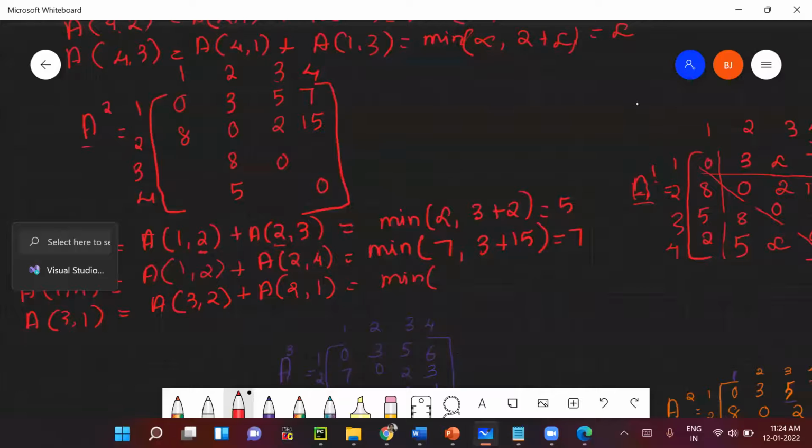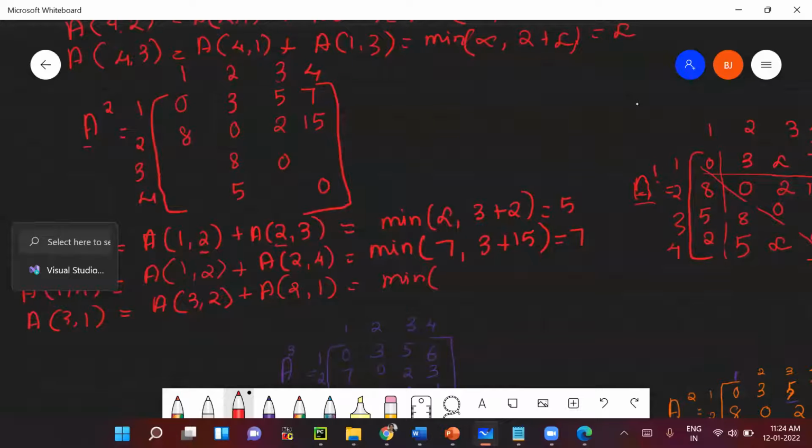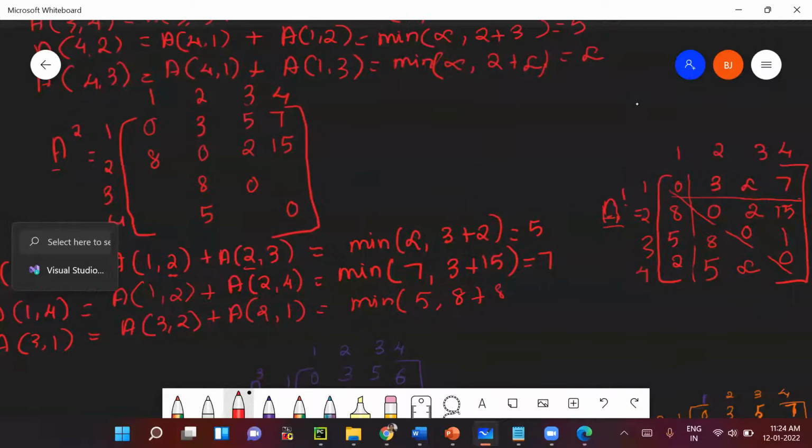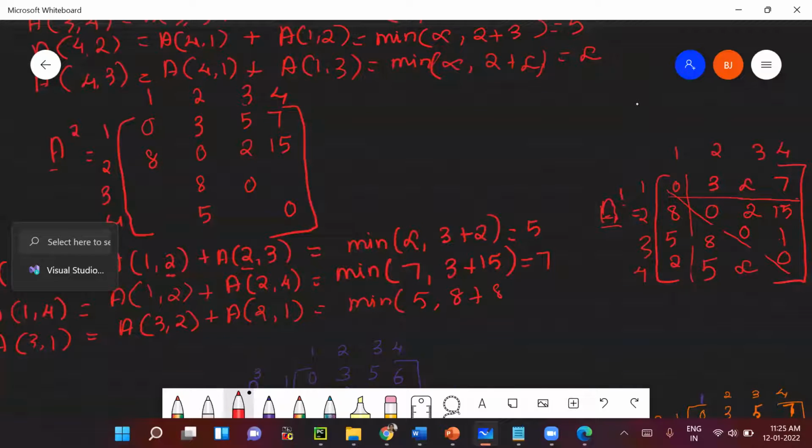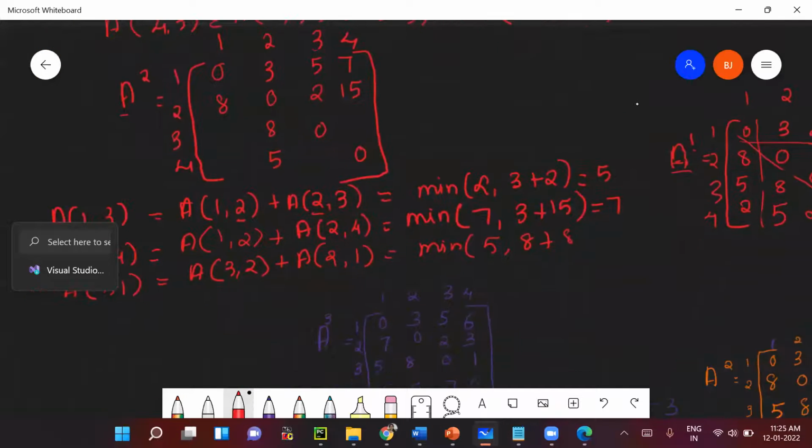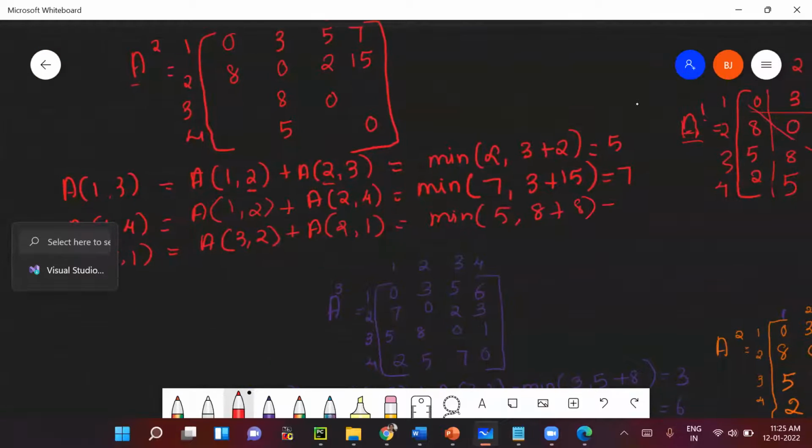So 3, 1 is 5, right? Then 3, 2 is 8 plus 2, 1 is 8. Is it correct? Okay. So it will be 5. So which is minimum? Here it is 5.